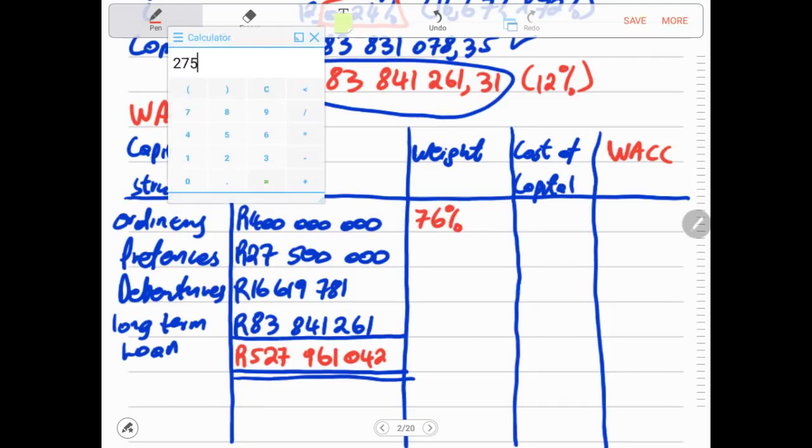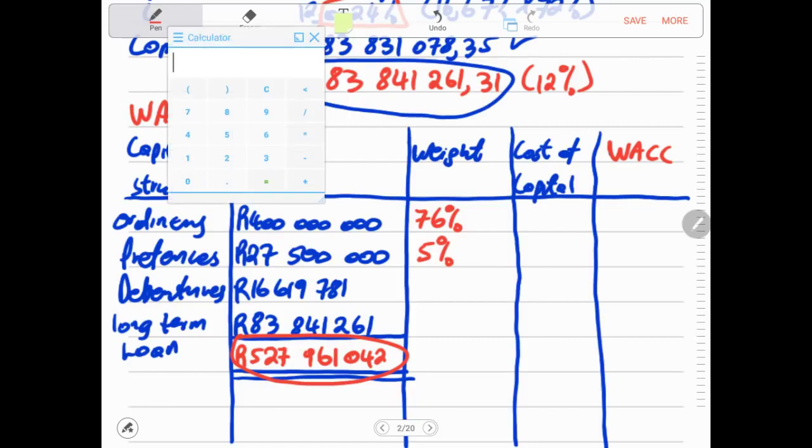Second one, 27,500,000. Divide by the total value of the financial instruments, which is 527,961,042, times this by 100. This is 5%, meaning the weight for this financial instrument is 5% of the total.